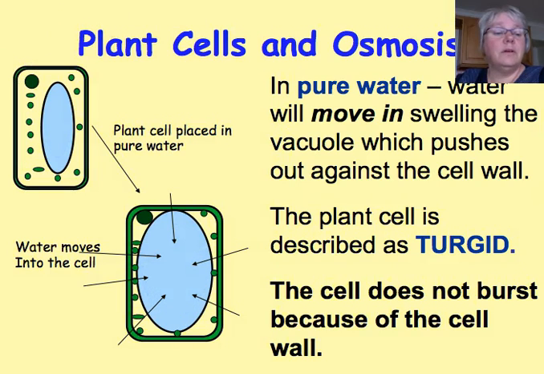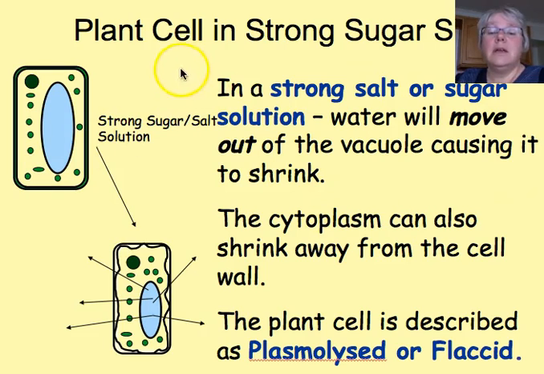If we have a wee look at a plant cell in, say, a strong salt solution or a strong sugar solution, what will happen is the water will move out of the vacuole, and it causes the vacuole to shrink. And sometimes the actual cytoplasm shrinks away from the cell wall as well.